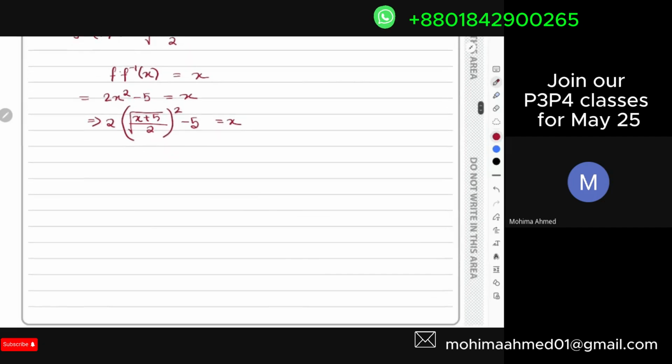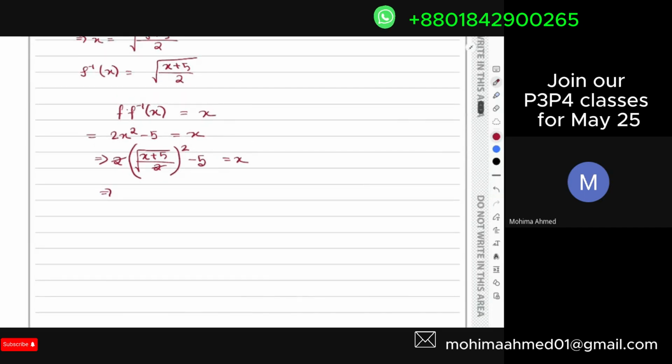That means now I can create an equation. The square and root will cancel each other out. That means this 2 and 2 cancel each other out. And no, wait, 1 minute. If that's equal to x, then I'm not getting anything out of this, right? x plus 5 minus 5 will cancel the 5 also, and then you will be left with x only.